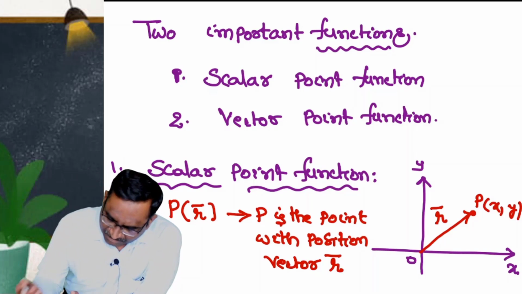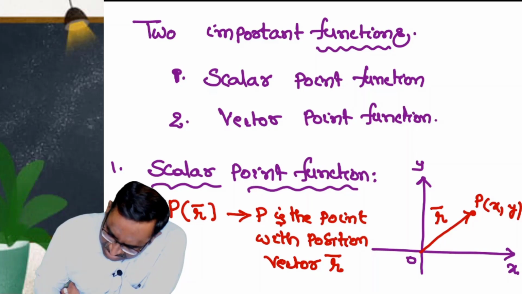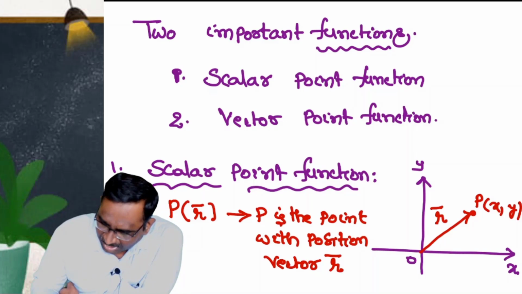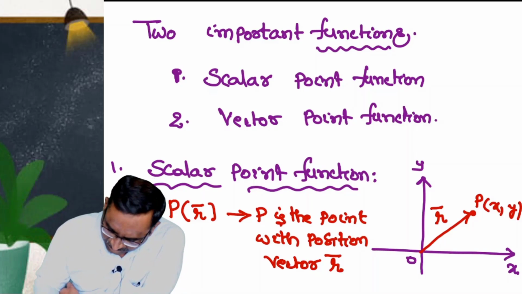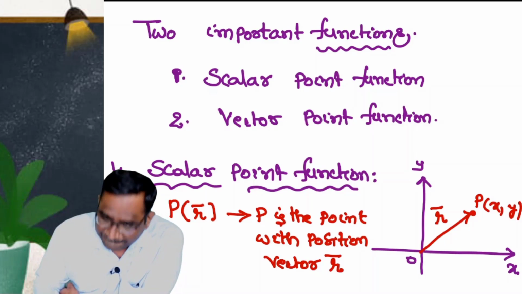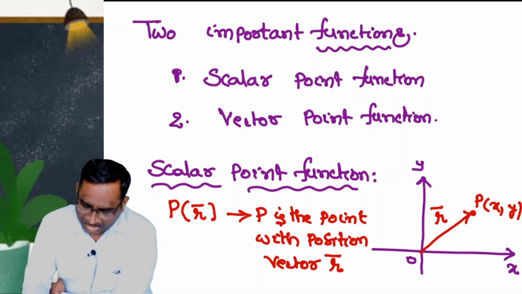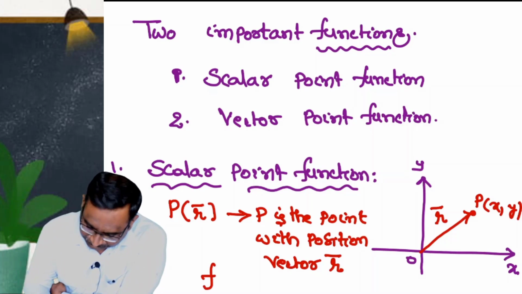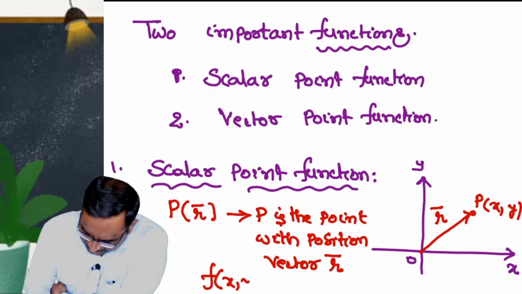There is a function, suppose this is a function, this position vector r bar having a function, let it be f. This is a function f of x comma y.